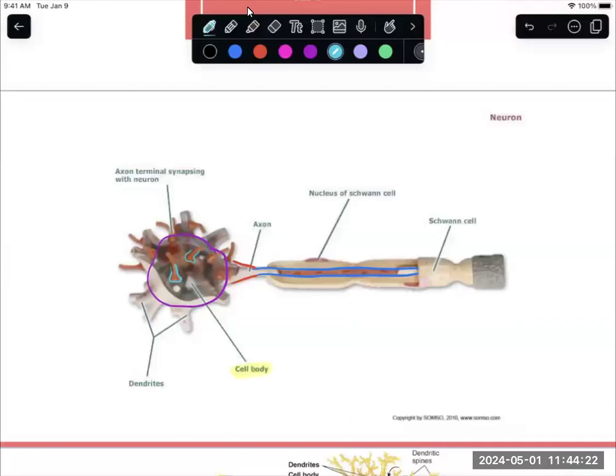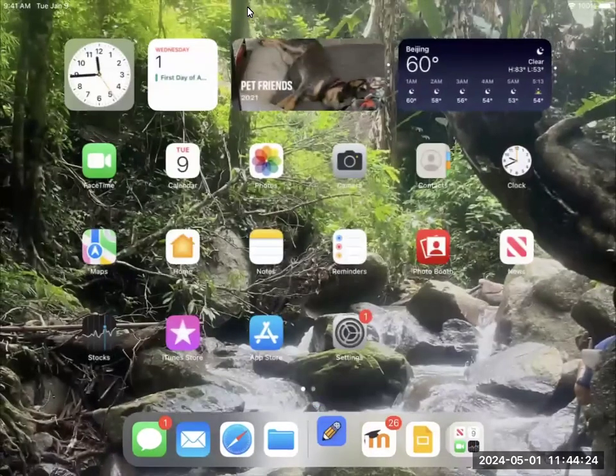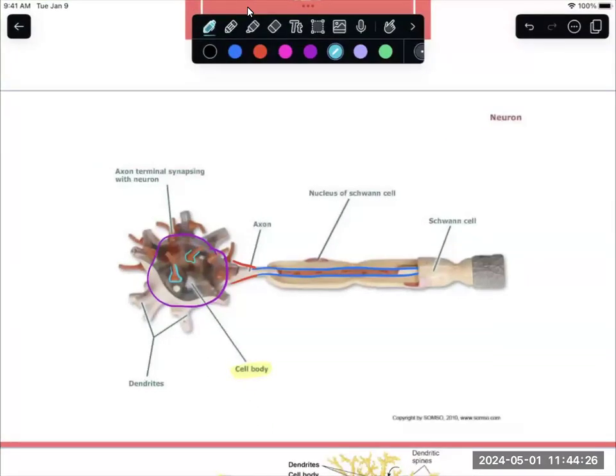That's what this is showing, these little orange kind of things that are attaching to this cell body. Those are axon terminals from another neuron that is connecting to this specific neuron.